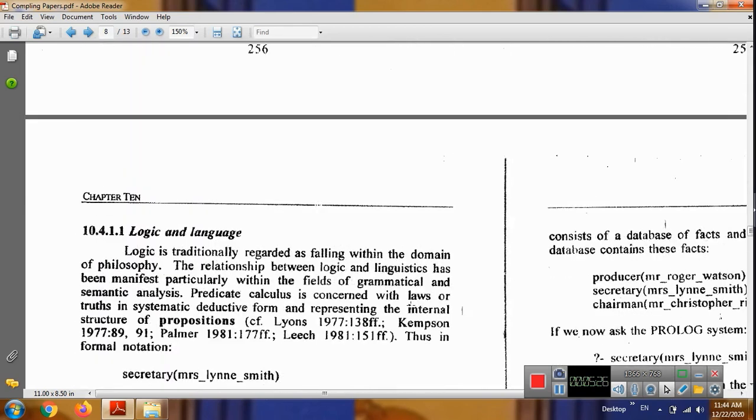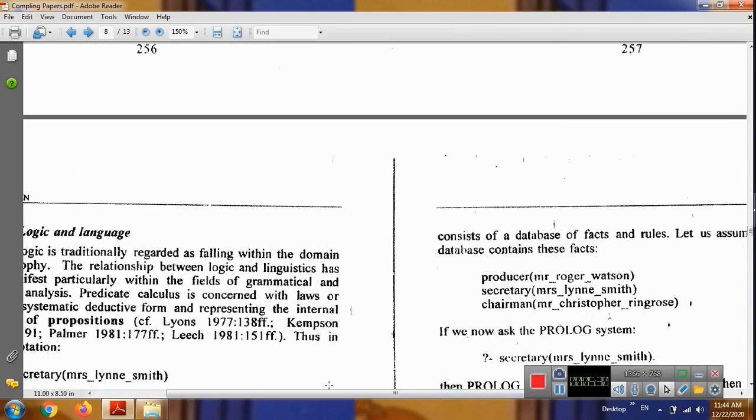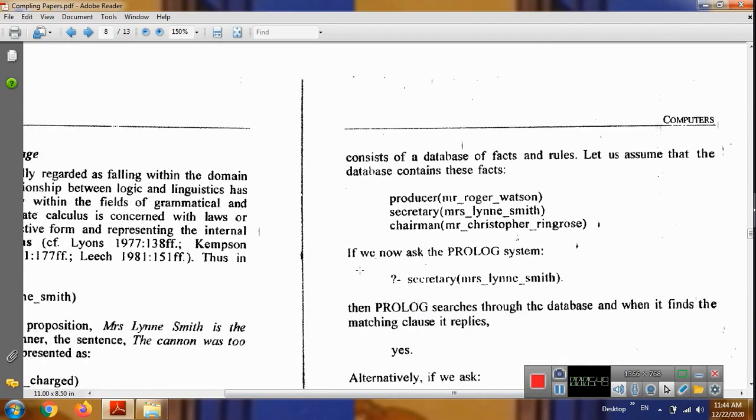A Prolog program consists of a database of facts and rules. Let us assume that the database contains these facts: producer, which has this argument; secretary, by this argument; chairman, by this argument.